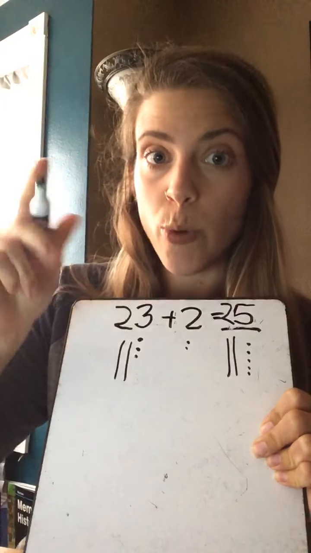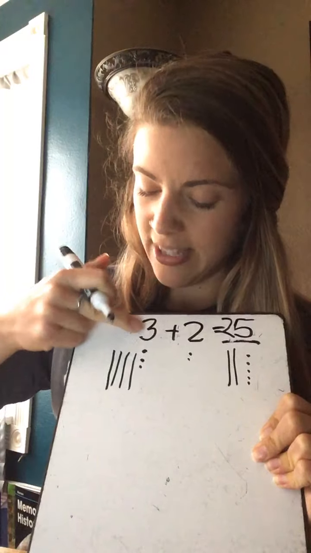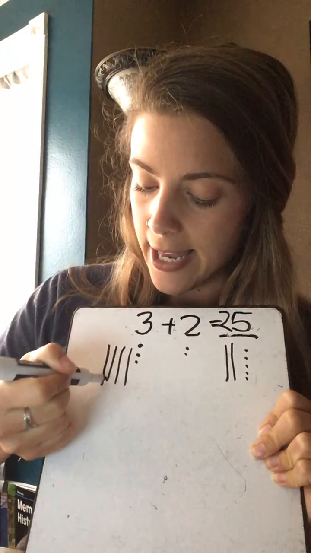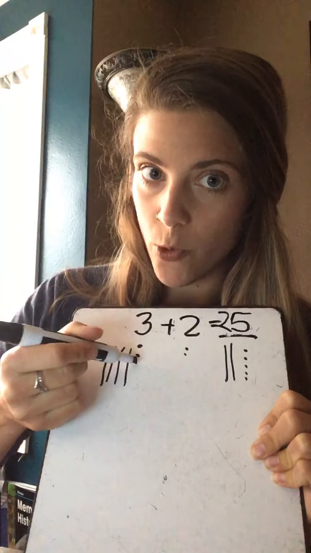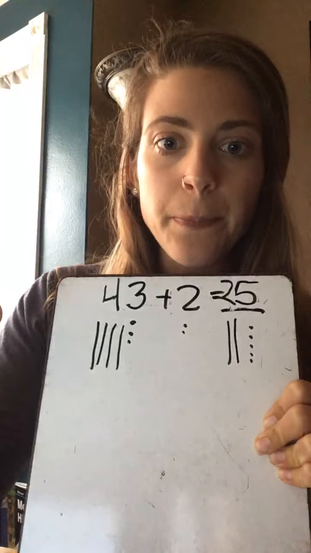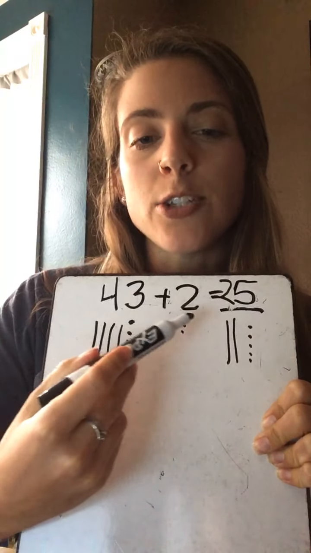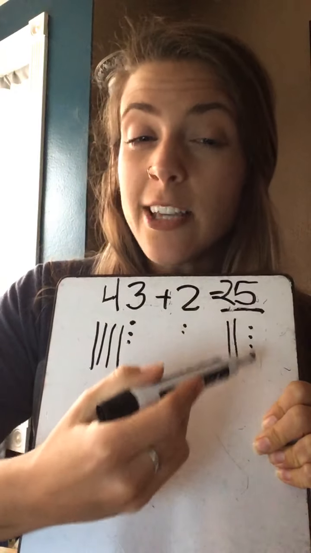Okay, let's try another tricky one. Let's add 2 more tens. 10, 20. I added 2 more. Let's see what number this is now. 10, 20, 30, 40, 41, 42, 43. Okay, so we have 43. It's hard to write upside down. So 43 plus 2 more. Now I still have 3 ones and 2 ones. So I still have my 5 ones.